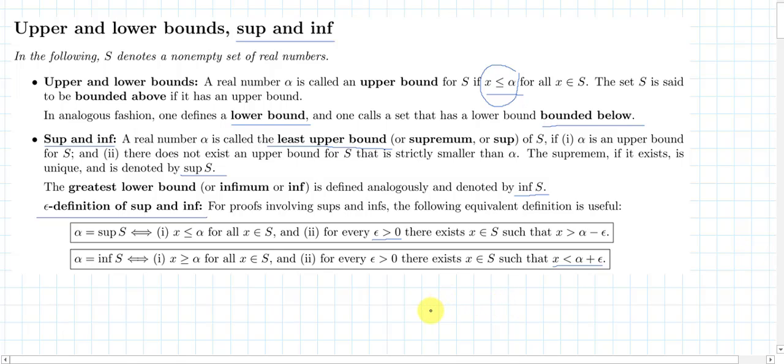We find it from upper bounds for the set, and there doesn't exist an upper bound that is strictly smaller than the supremum. And infimum is the greatest lower bound, and again we can find infimum from lower bounds.